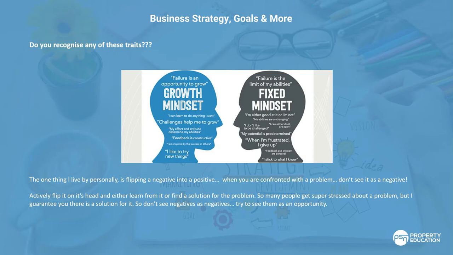Because I've got the solution for it. So actively flip it on its head and either learn from it or find a solution for the problem. Many people get super stressed about a problem, but I guarantee you there's a solution for it. So don't see negatives as negatives anymore. Try to see them as an opportunity to learn, and an opportunity to get around it.